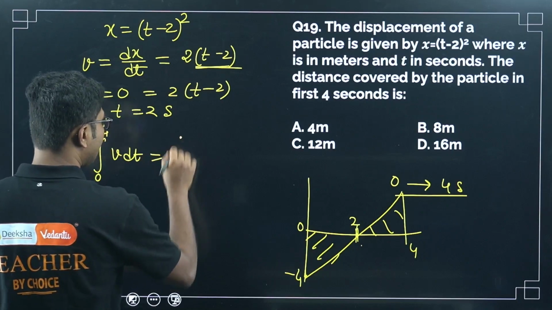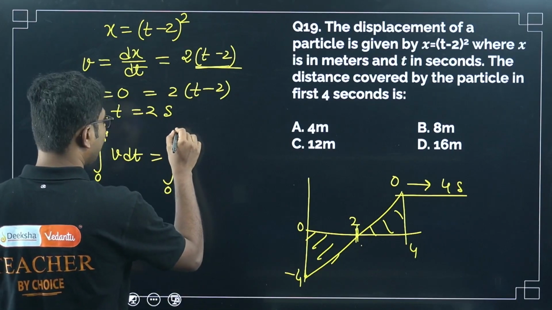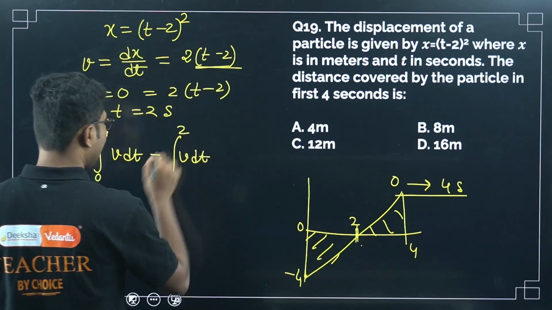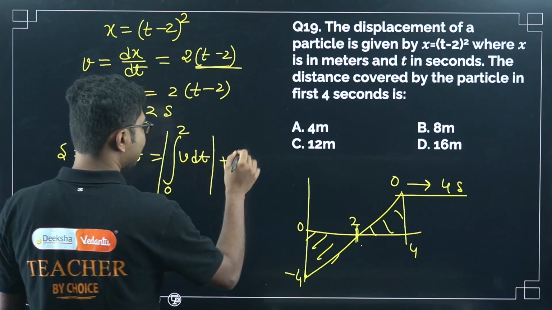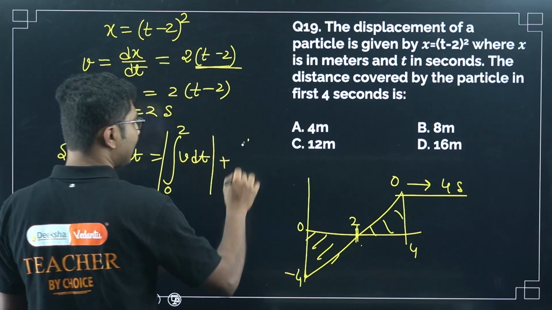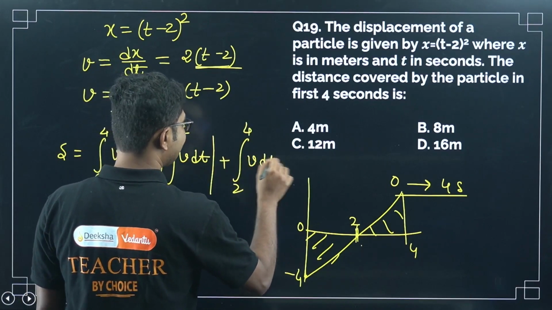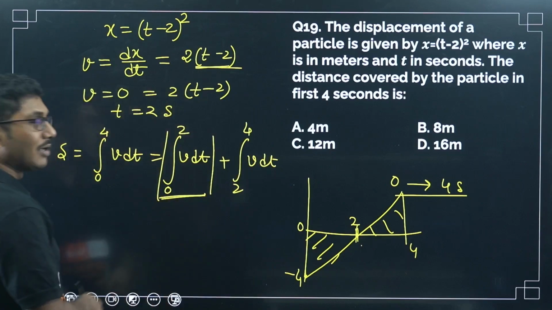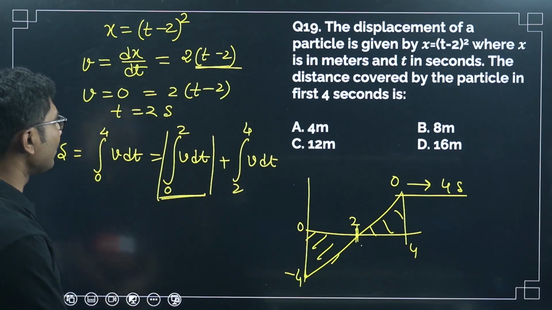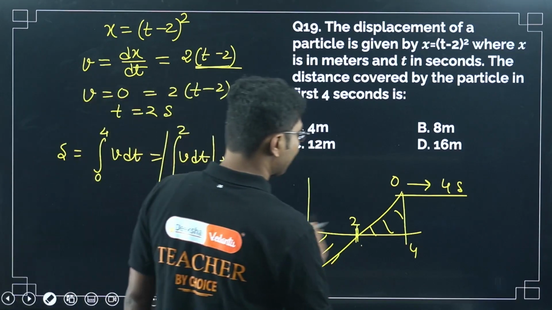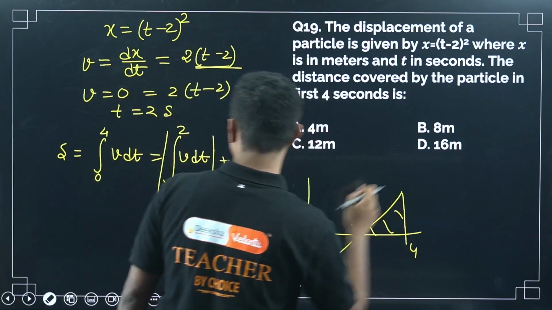So the distance is the integral from 0 to 2 of v dt, plus the modulus of the integral from 2 to 4 of v dt. This second one will come out to be a negative value, so that's why we have put this modulus sign. Whatever value we calculate will be converted into a positive value.